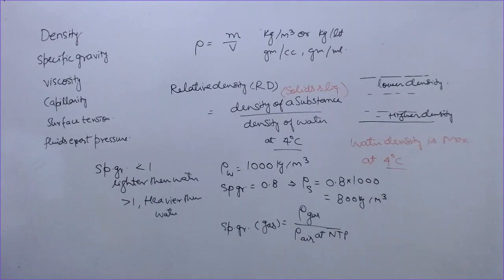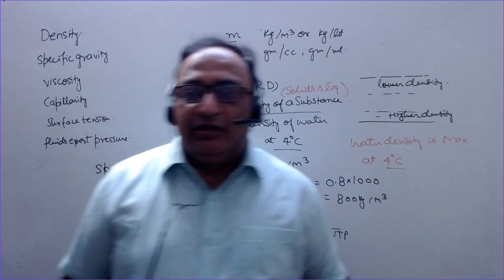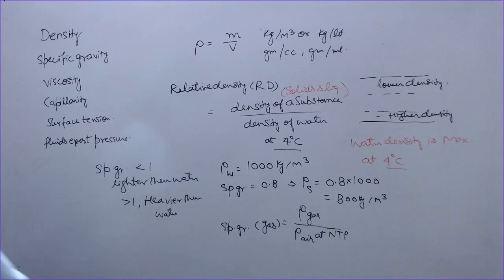So this is how we define the specific gravity, and this term is quite important when we study the phenomena of buoyancy, when we see that there is a change in the apparent weight of a substance, of a solid, when it is submerged in a fluid. So we will be discussing this property again when we study buoyancy.